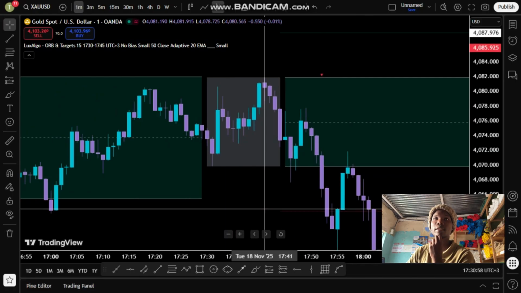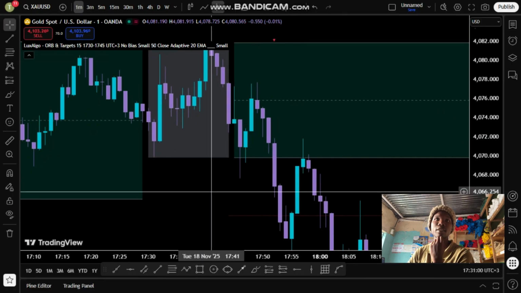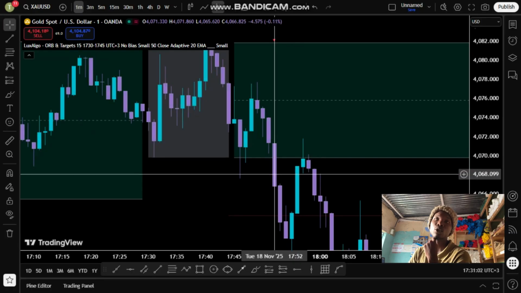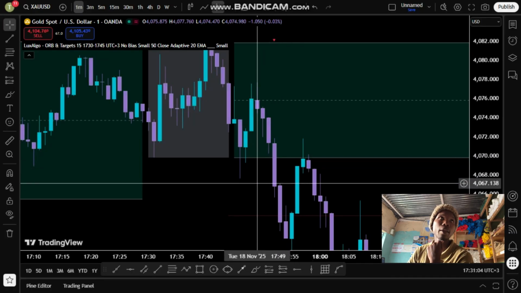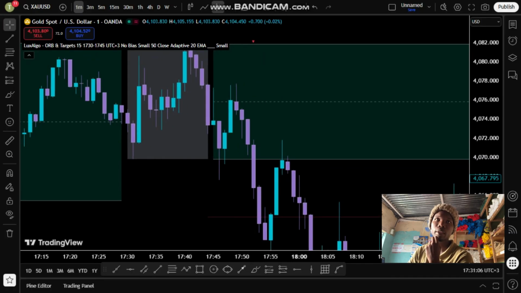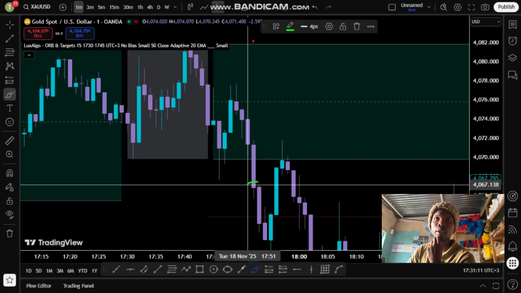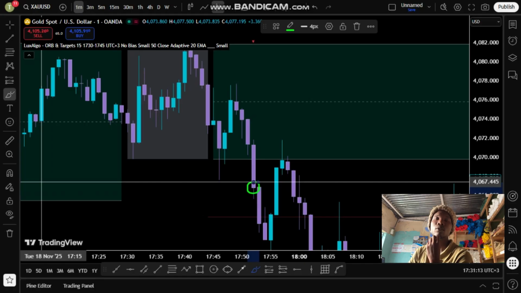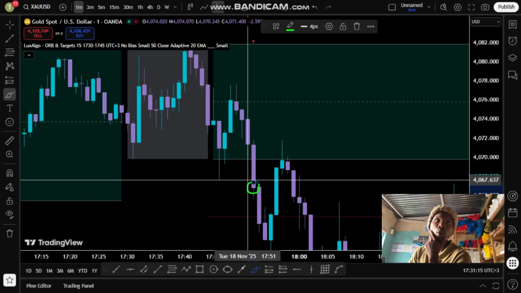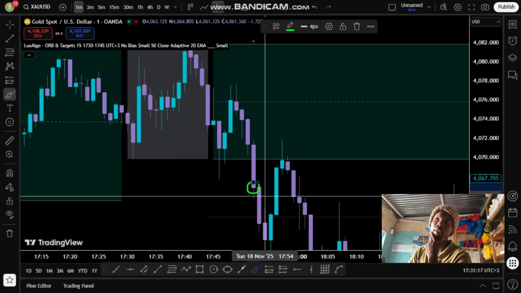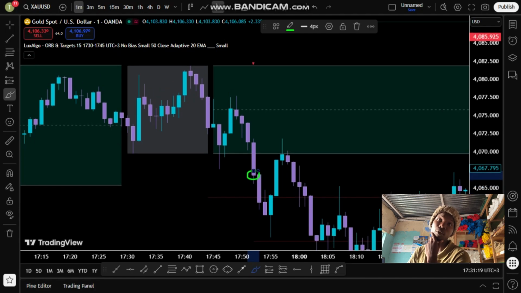So what I like to do, guys, is just wait for a candle to close on the 1 minute chart, okay? And what you can see here is that this candle closed below the range, and I'll be interested in looking for sells. And remember, you're a scalper, so I like to go in and go out as fast as possible, okay?